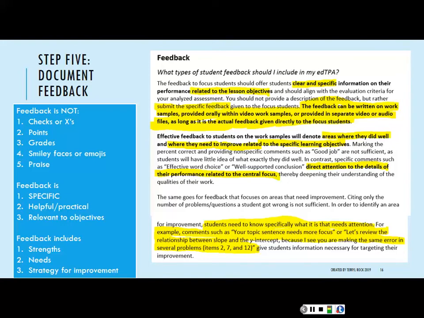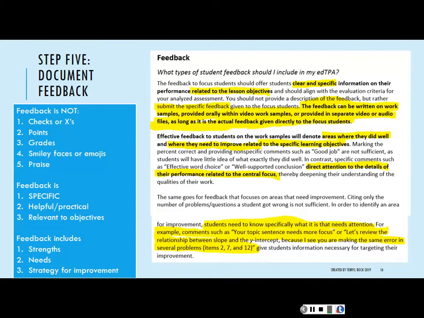If you're doing a performance like that and giving them feedback, then your feedback is on the video with the work sample, and that's fine. Or you can have a separate feedback file, and the feedback can be written, or audio, or video, but make sure it is age appropriate. You don't give written feedback to kids that can't read the feedback.